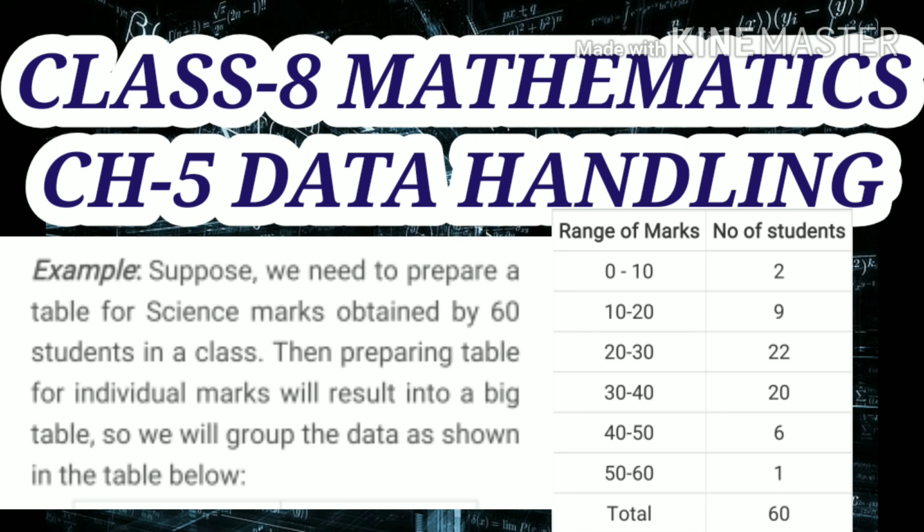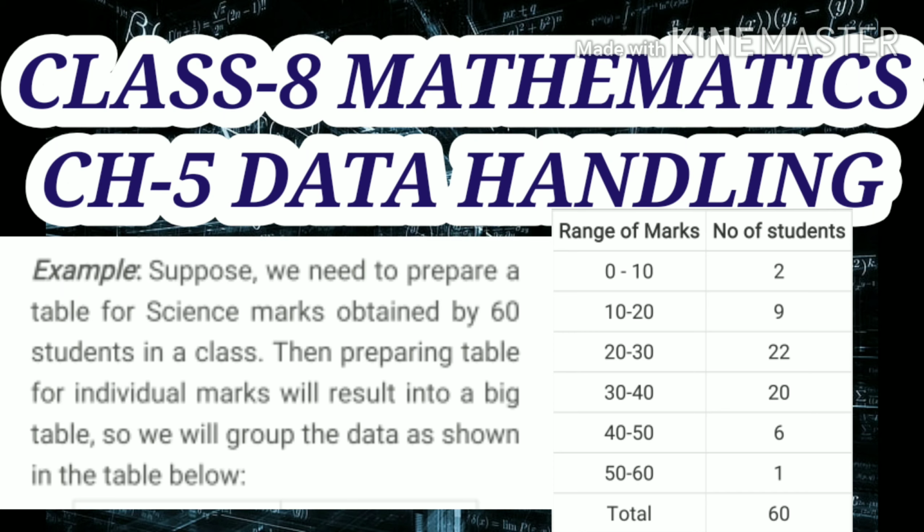Children, as you can see in this table, we distributed the range of marks as 0 to 10, 10 to 20, 20 to 30, 30 to 40, 40 to 50 and 50 to 60. Now we can group the table as you can see in this table.